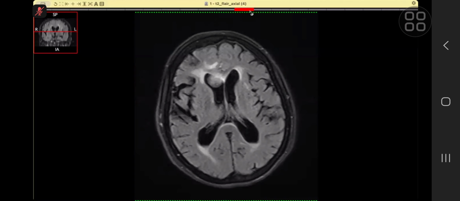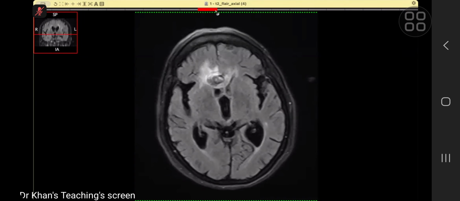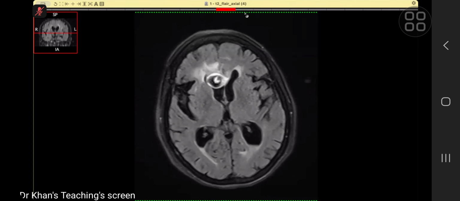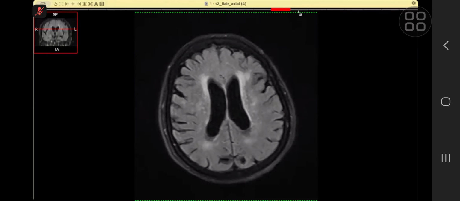So the bleed appears to be probably in the rostrum of the right half of the corpus callosum, with intraventricular extension seen, sir.